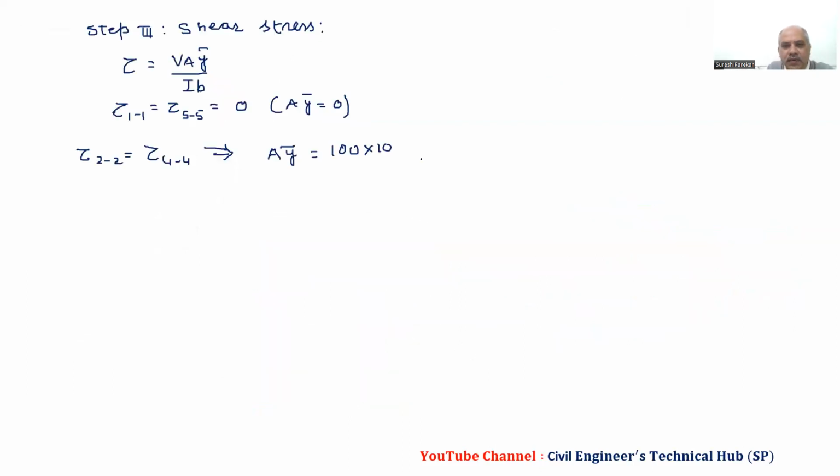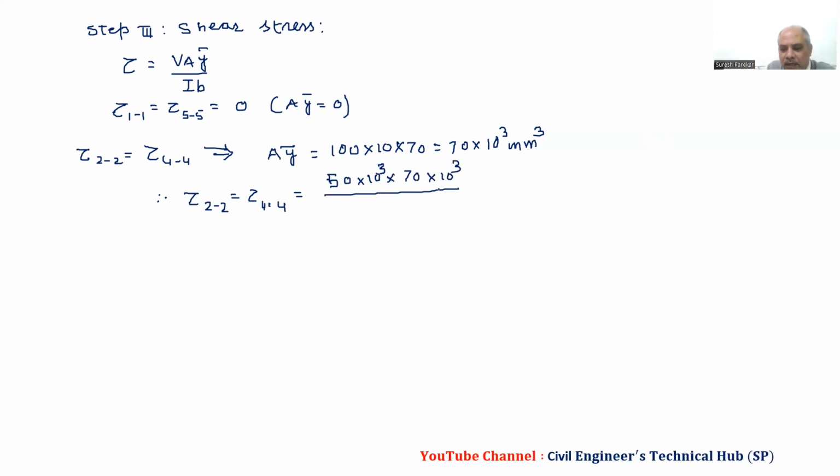So A Y bar is 70 into 10 raised to 3 millimeter cube. Therefore tau 2-2 equal to tau 4-4 equals 50 into 10 raised to 3, times 70 into 10 raised to 3, upon I, 13.48 into 10 raised to 6, into B. We get the value 259.64 upon B.